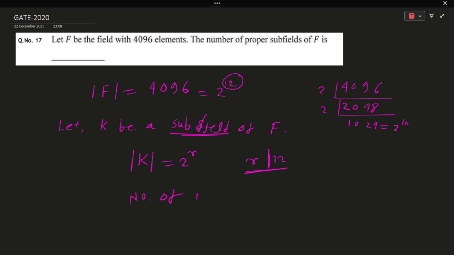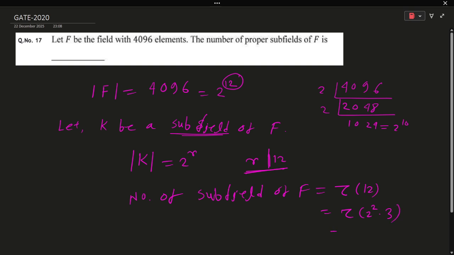The number of subfield of f is tau 12, that means 12, that means this is 2 square into 3, right?